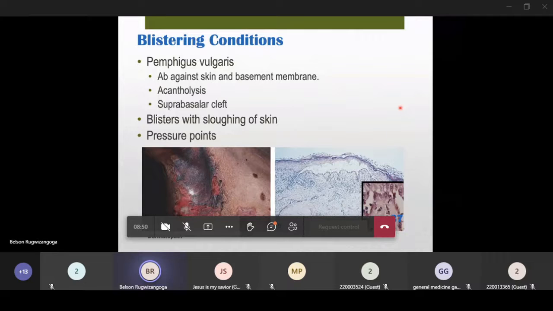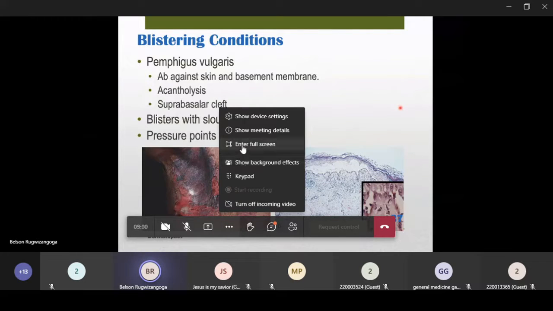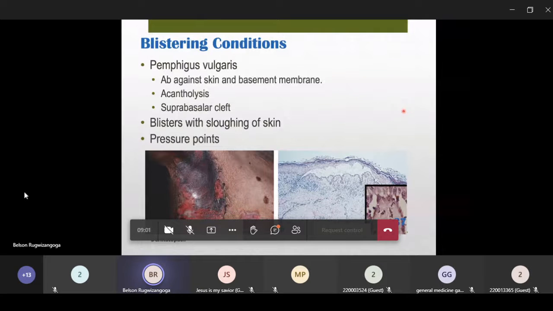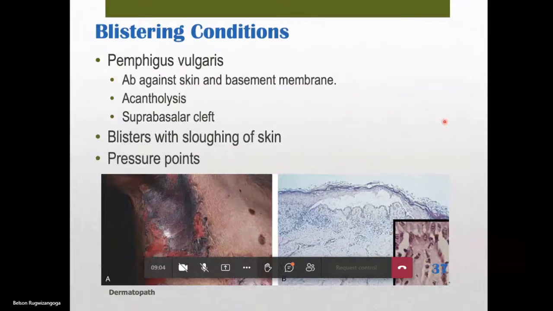I hope you can see the screen and hear me. We were about to start this blistering conditions. I had explained a little bit about it.